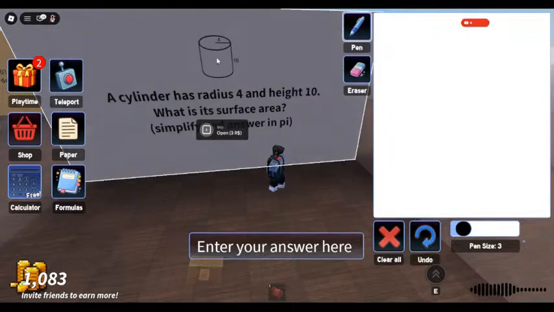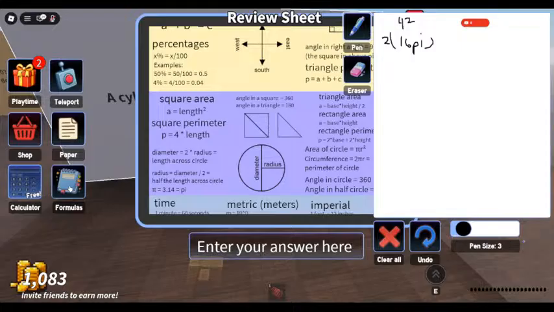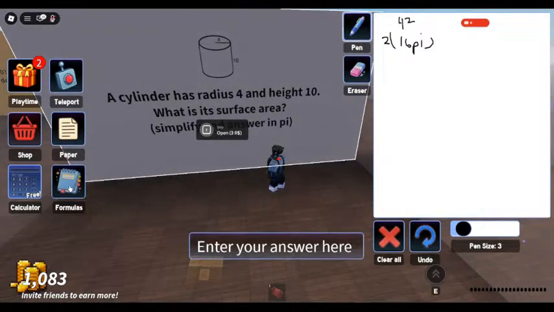So let's go for the first. Pi r squared. So then 4 squared, which then we get 16 pi, and we have two of those. Now we need to get the perimeter of it. Circumference 2 pi r.